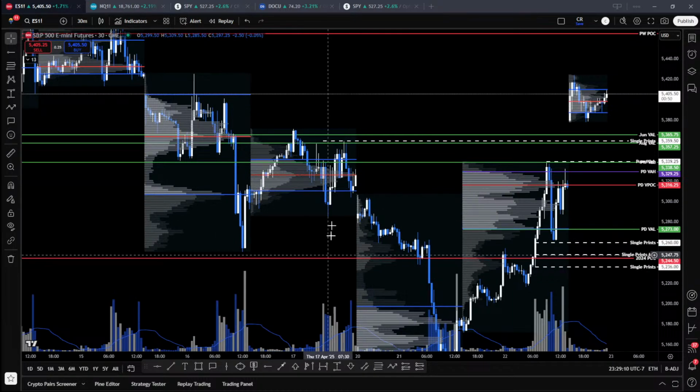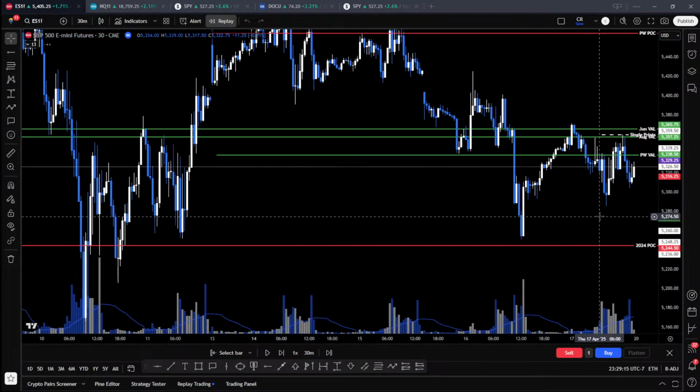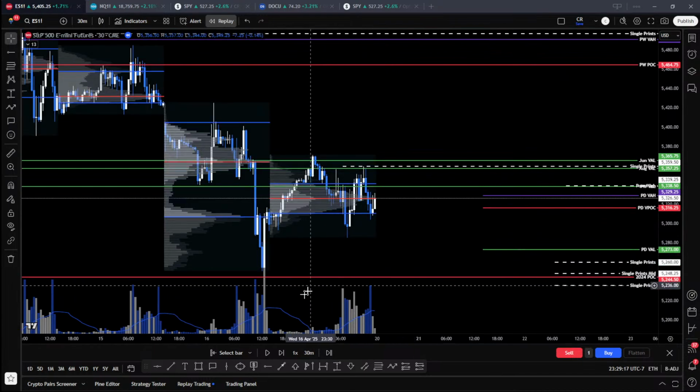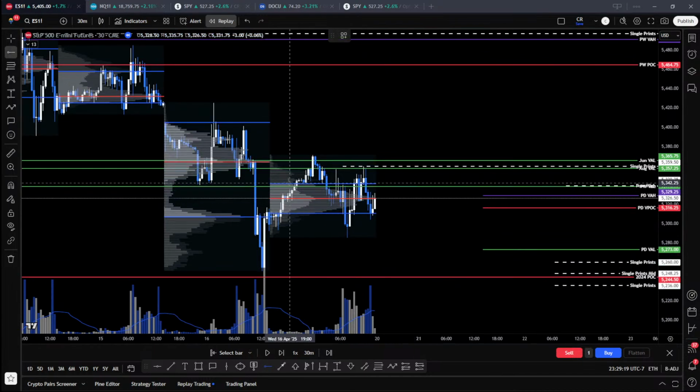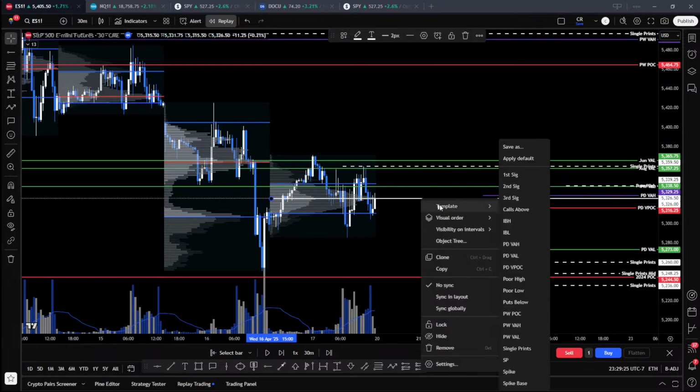Okay, we're going to use this example. If I do this and hit replay, I'm not going to draw value area high or value area low, but we'll just draw my POC here, right?